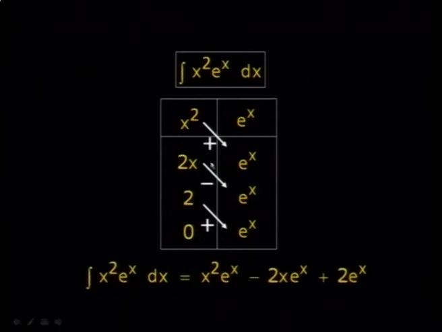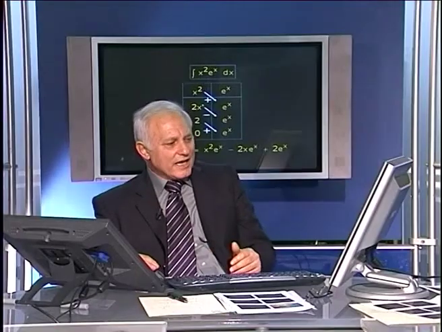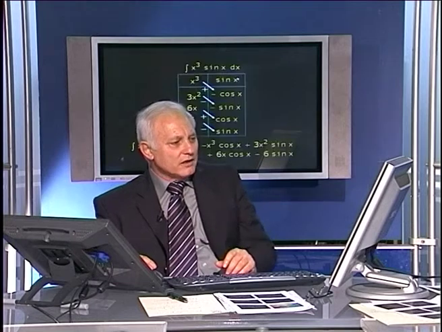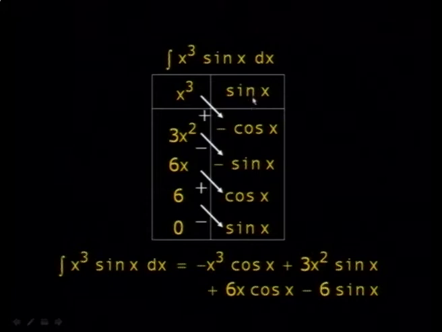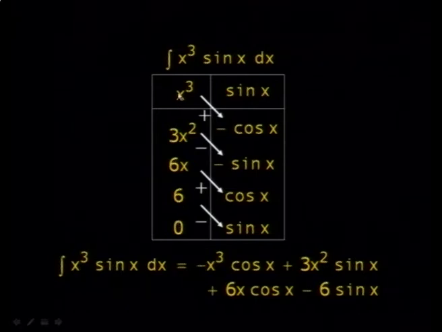But this is actually easier. Why? Because you don't even have to go ahead with the integration. You can just have it as two tables, and from the table you can choose directly what to do. Here, for example, you want to integrate x cubed sine x. So one you integrate, which is this one, and one you differentiate: x cubed, 3x squared, 6x, 6, etc. So you multiply the integral.